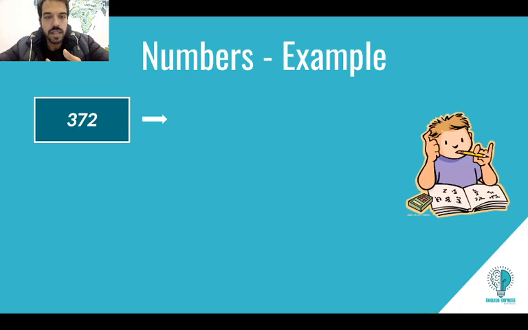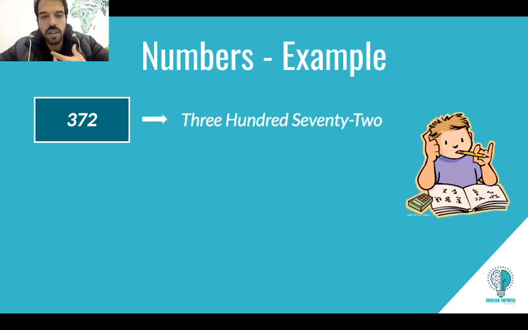In this case, it's going to be 70, right? And our third number is the number 2, which is going to be 2 anyway, right? So in this case, we have 372, right?